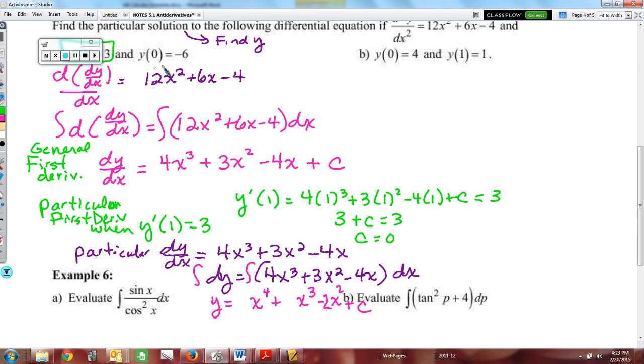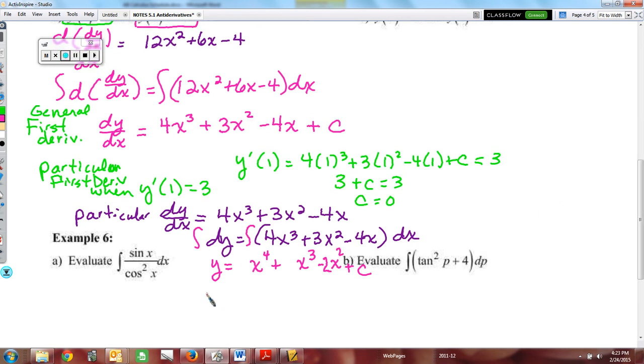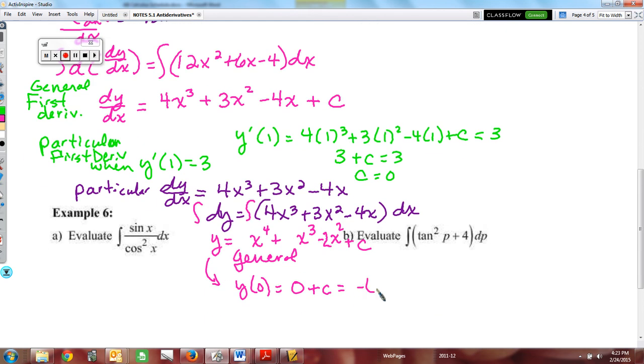And then I go, oh, I have another initial condition. Notice that if I have to integrate twice, I have to have 2 initial conditions. y of 0 is negative 6. So that's my general solution. Now we're going to go to the particular. y of 0, which is going to be 0 plus c, is equal to negative 6.